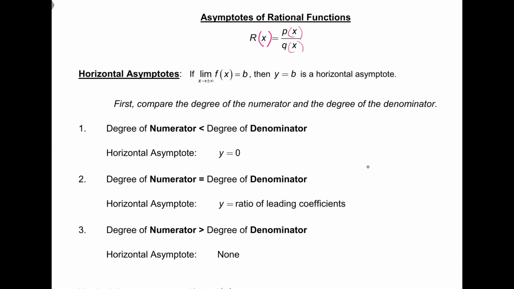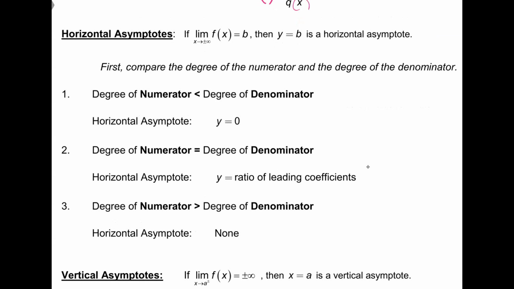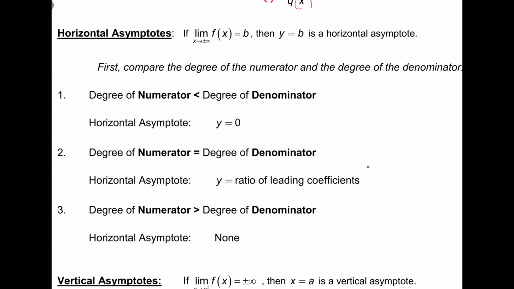This talks about horizontal asymptotes and vertical asymptotes. Okay, so if the degree of a numerator is less than the degree of a denominator, for example 5x squared over 6x to the fourth, that's literally the leading term test.